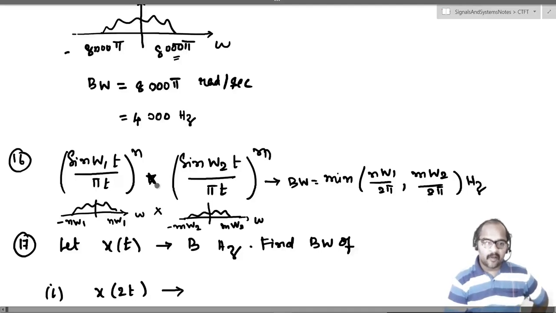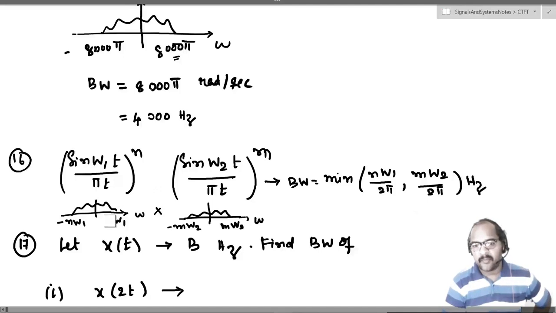Right. Now I replace this convolution operation with just multiplication. What will happen here? Because we are multiplying in time domain, in frequency domain these two functions should get convolved. The overall Fourier transform will exist from minus n w1 minus m w2 to n w1 plus m w2.